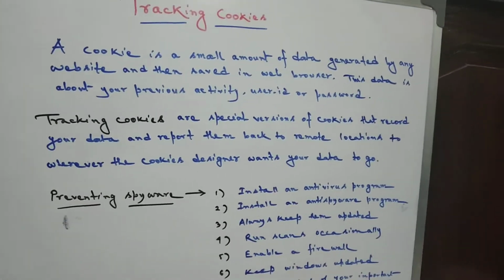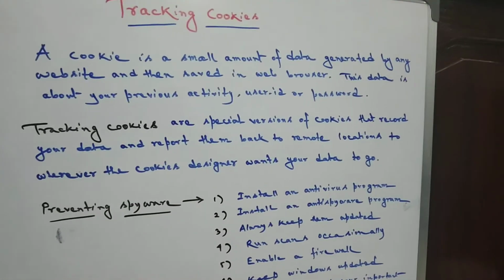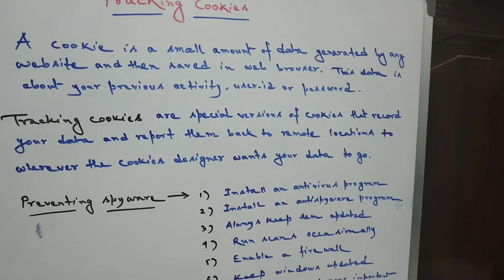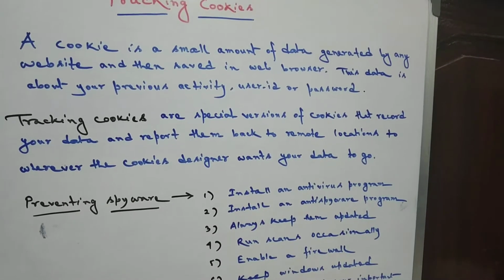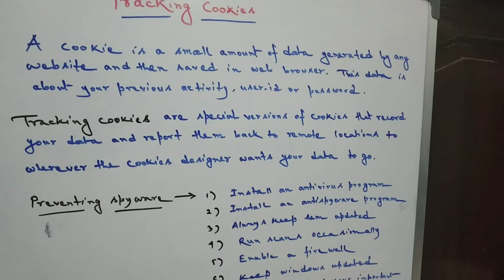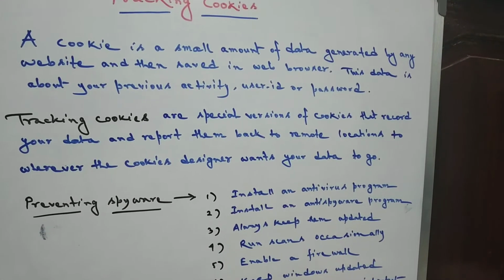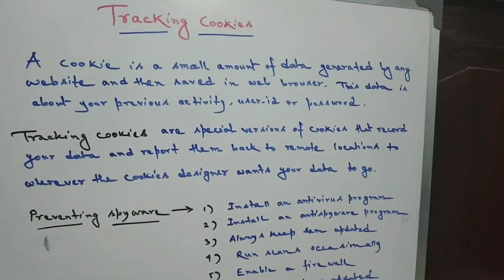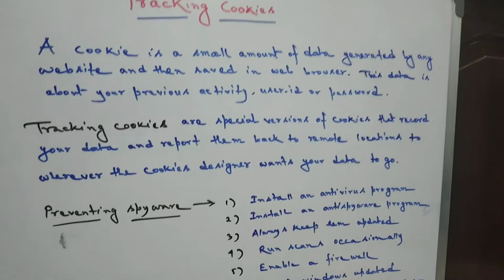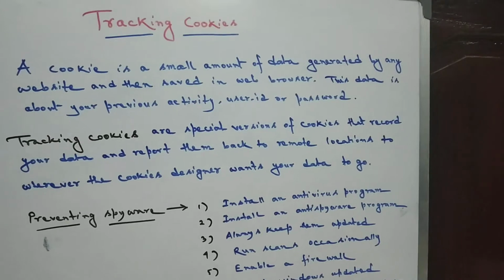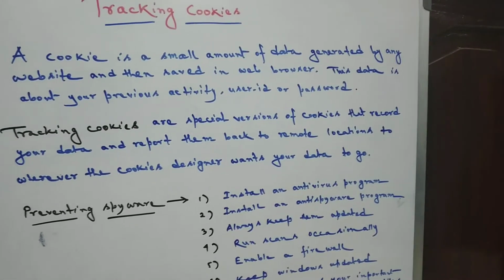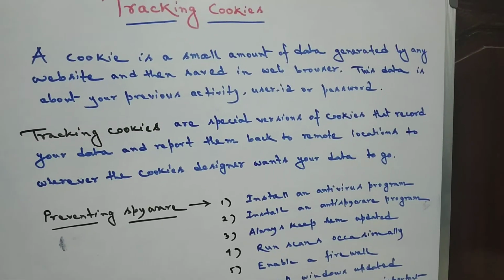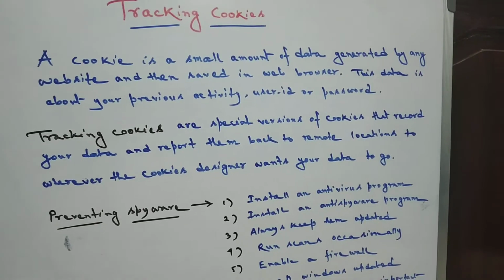Now, tracking cookies are special versions of cookies that record your data and report them back to remote locations, wherever the cookie's designer wants your data to go. That means cookies store information when we search anything or do any activity using a web browser.